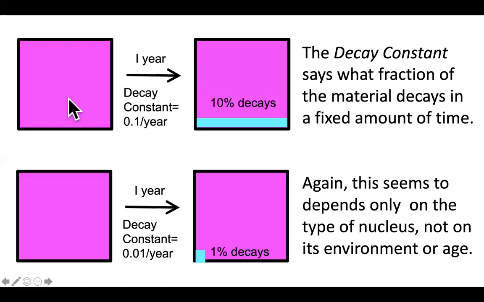It doesn't matter. It doesn't matter if it's in the form of a particular oxide or a solid or a gas. It just means that 10% of it transforms in a year, or 1%, depending on the material. That's a bit odd.